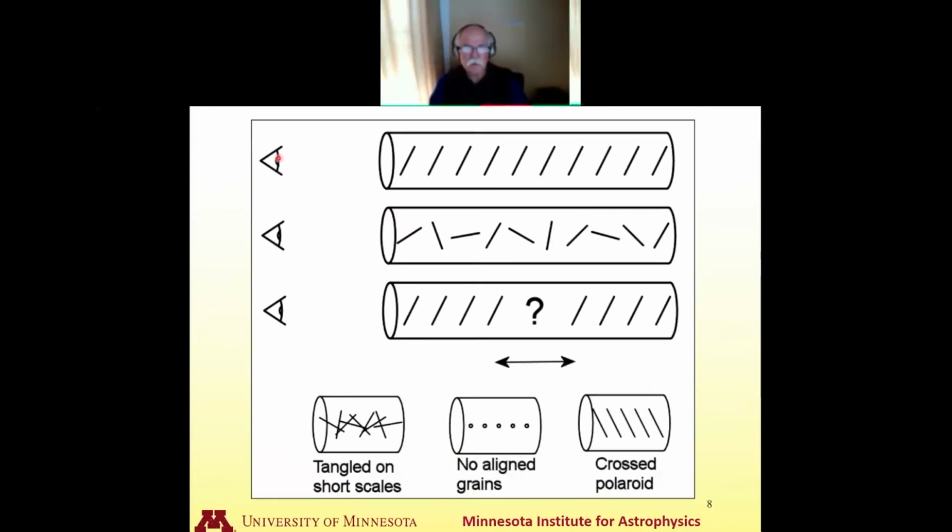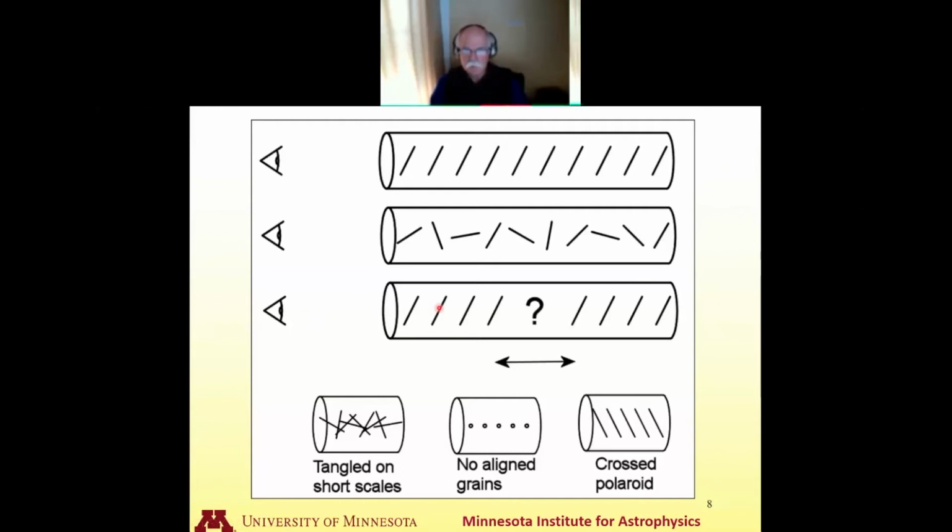Now, if we look down a line of sight and everything is perfectly aligned, well, that's great. We get good polarization and we get a position angle and we know what the magnetic field is doing. We can look down a line of sight with a lot of turbulence. The turbulent component is wiggling all things around, and we don't get much polarization, and the position angle is relatively indeterminate in that case.